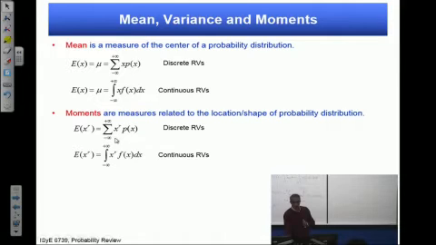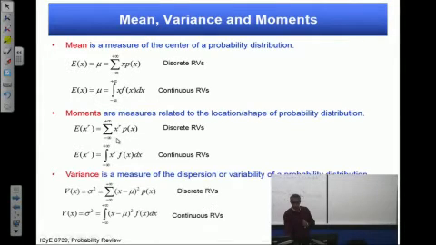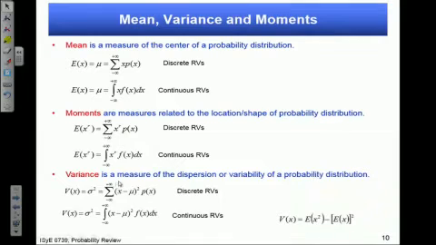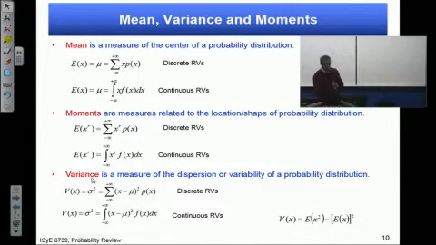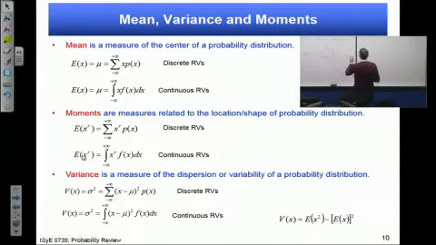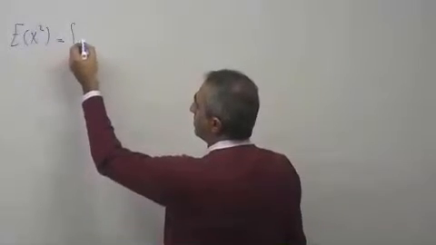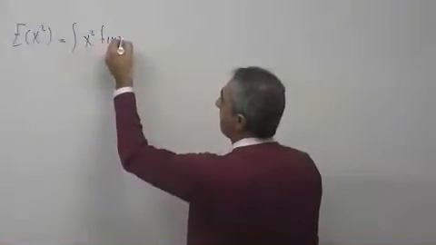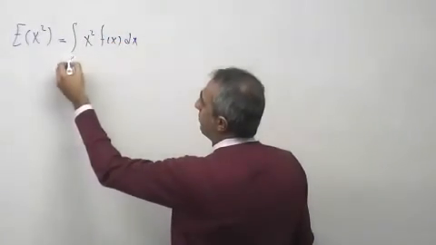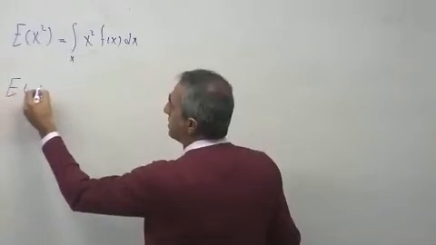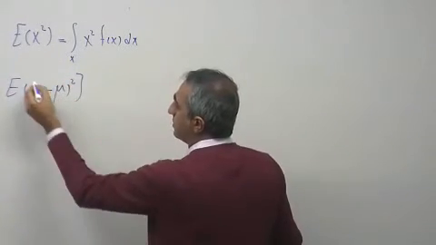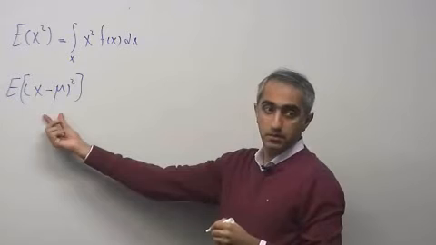And this is basically the equation for moments. Here is the definition of the variance. The variance is the second moment around the mean. For a continuous distribution, it is this integral over x, and this is the second moment around the mean.